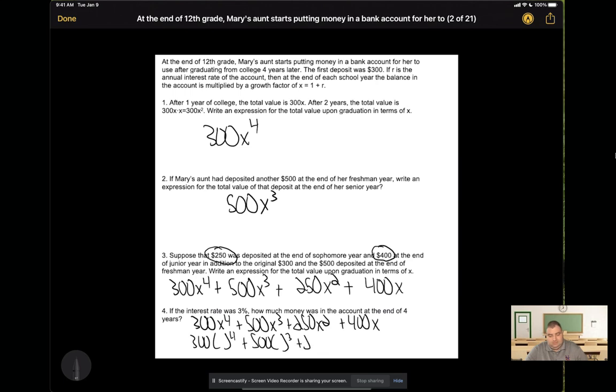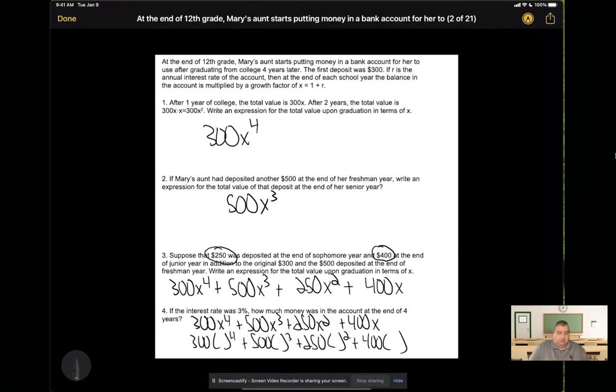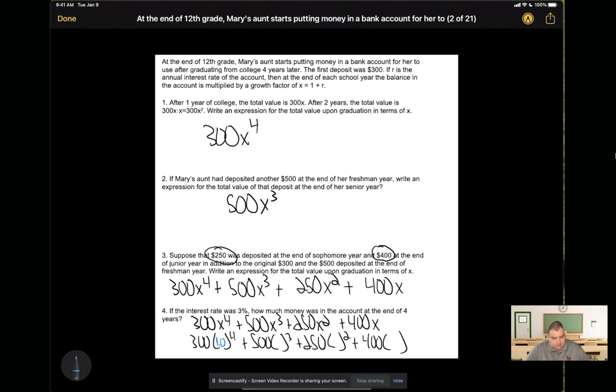Let me rewrite this first. I'm going to plug in 1.03 for x, and whatever answer I get is the amount of money that she has at the end of 4 years.